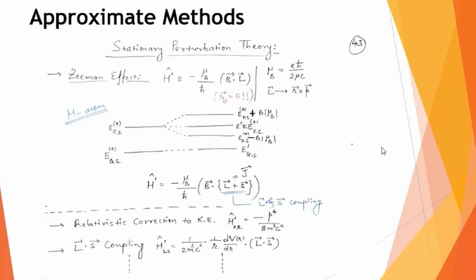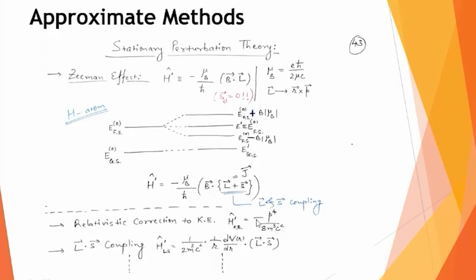And if it is comparable to the speed of light, then you have to include the relativistic correction also. So if I now include the relativistic correction to the kinetic energy of this revolving electron around the nucleus, then the corresponding interaction energy can also be written as a perturbation, because its contribution will be small, but it is not negligible.